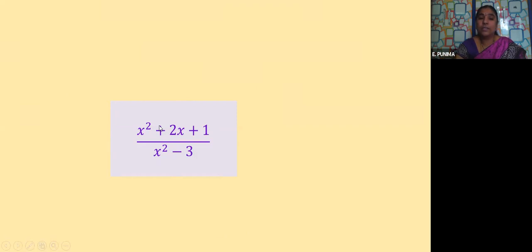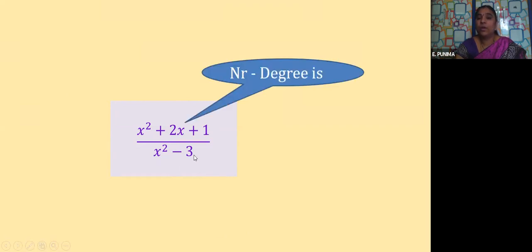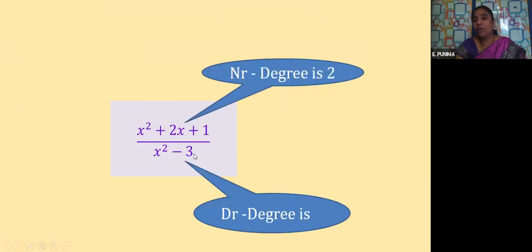The degree of a quadratic polynomial is 2, yes or not? So the numerator's degree is 2 and the denominator's degree is also 2. So the numerator and denominator both have the same degree, which is 2. That's why this fraction is called an improper fraction.